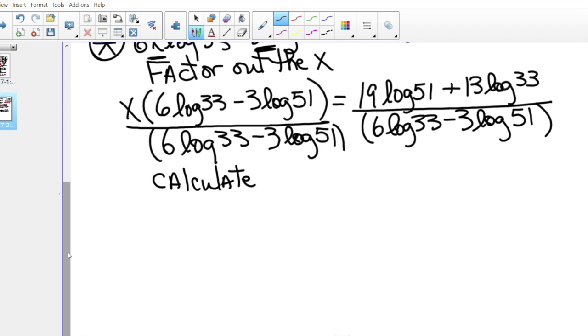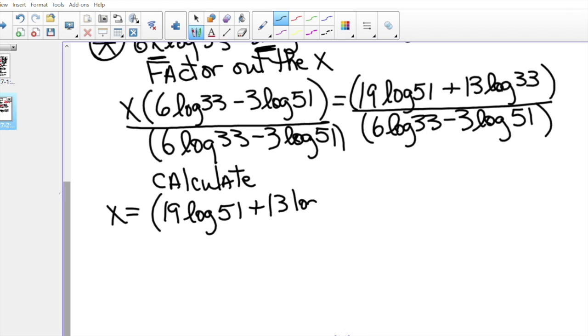Now pay attention to what I'm writing on the board. So it's x equals. Now, you start off with a parenthesis. So it's parentheses 19 log 51 plus 13 log 33.